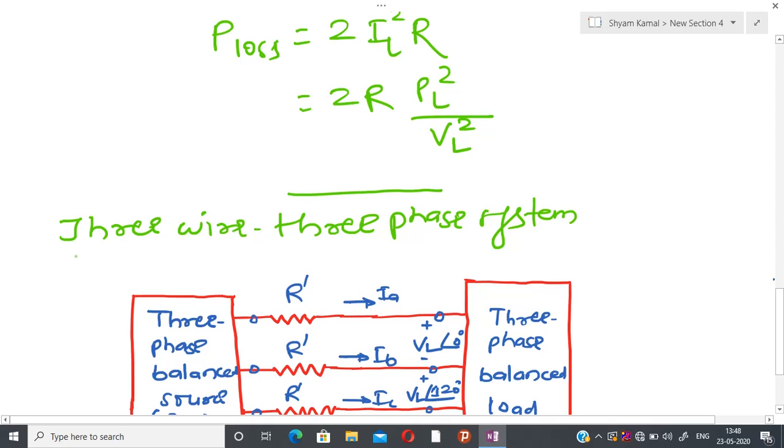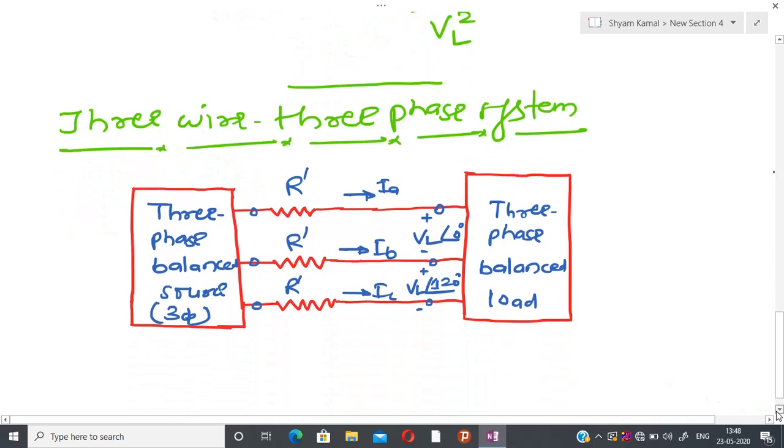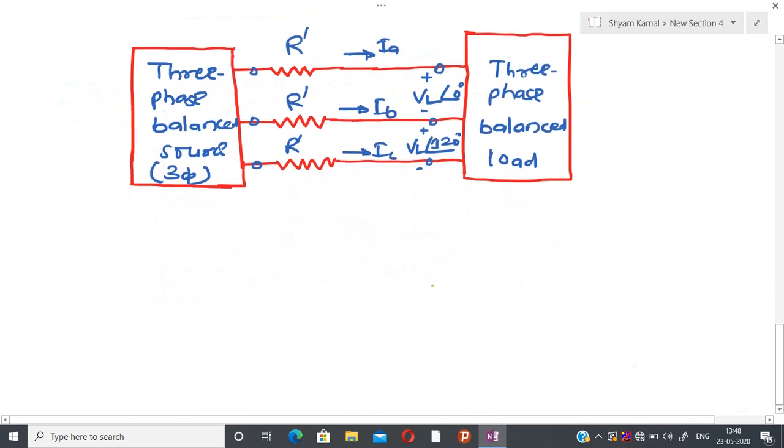Now I am going to do the same kind of calculation for the three wire three phase system. Again, here you can see that voltage is the same, and after that power, here whatever load is sitting, that is resistive and has unit power factor, meaning of resistive load.